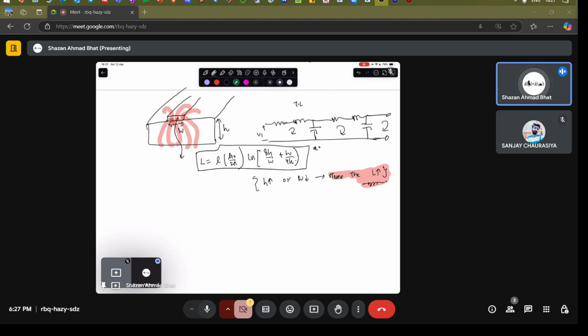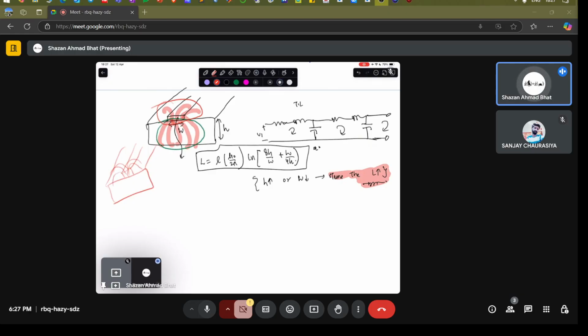This is what you mostly want, and this is what you don't usually want. Sometimes you want the upper part, but it cannot be completely omitted. That's why, most of the time when you are using your phone, there is always a component of the electric field near the surface of the chip.